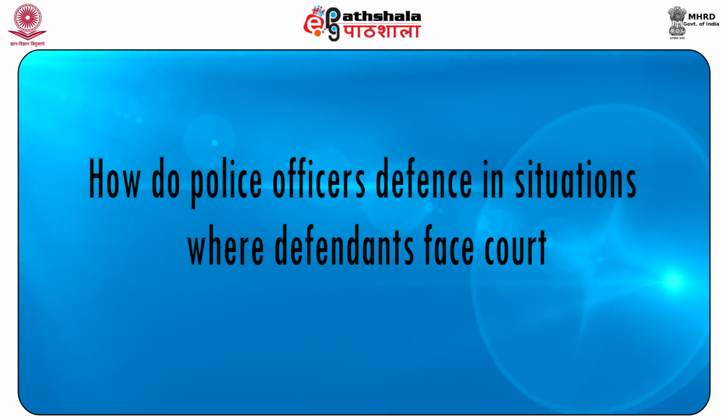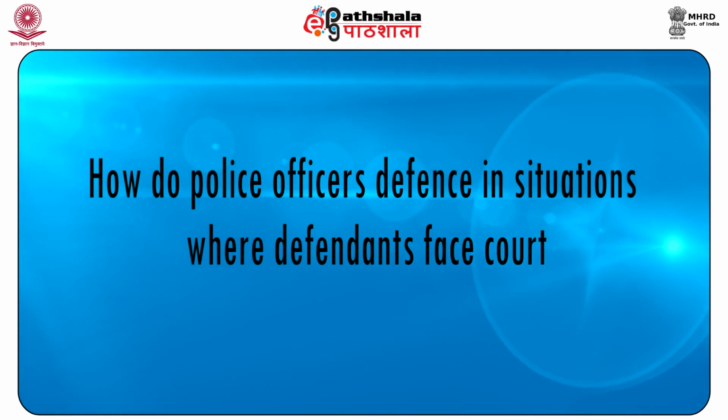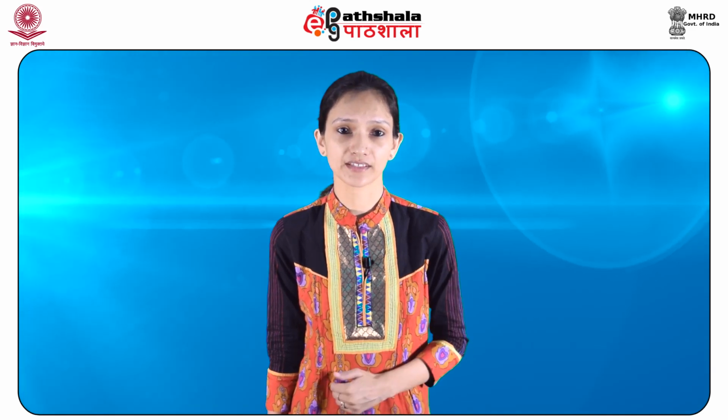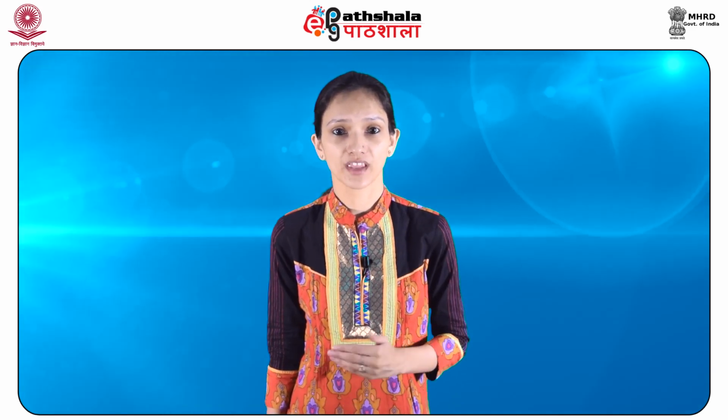How do police officers act in situations where defendants face court? The offender has to be dealt with by a court. If an individual is charged with an offence, the first appearance of any alleged offender is in a magistrates court.